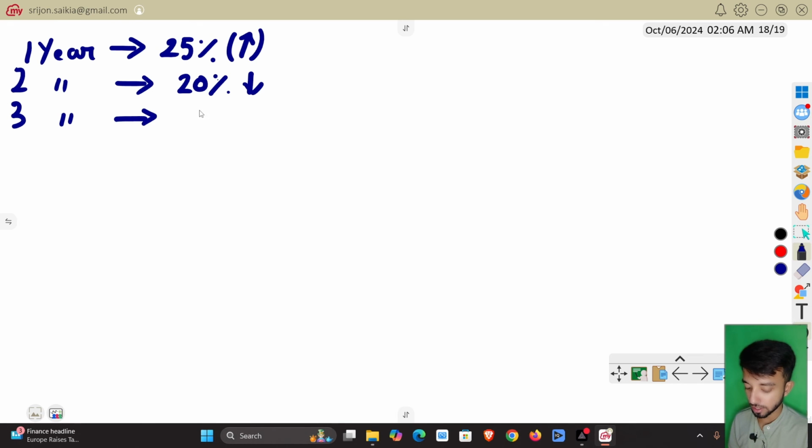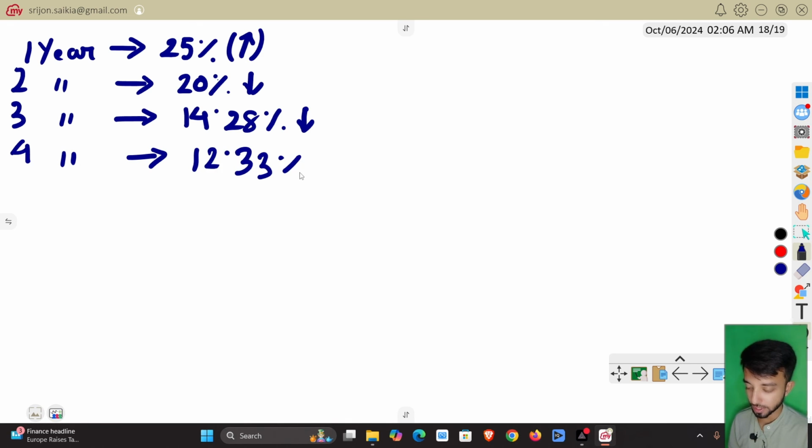Third year was a 14.28% decrease. And for your fourth year, there will be a 12.33% decrease. Now take the help of fraction.